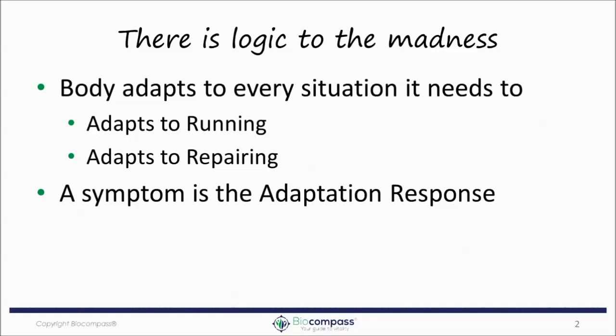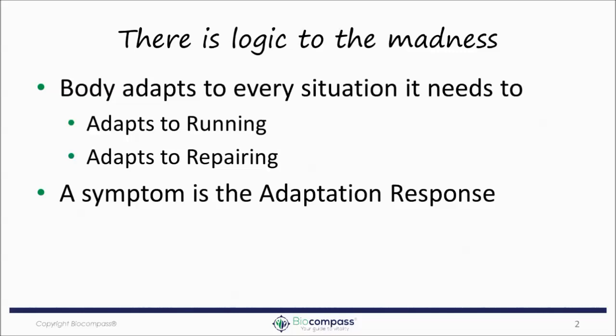The adaptation is a really important concept in BioCompass because the body adapts to the situation in the way that it needs to. Like going to the gym and building your muscles: at first you have small tiny muscle ruptures and then the muscles start repairing. If you do not adapt, the body cannot cope with the same situation the next time.